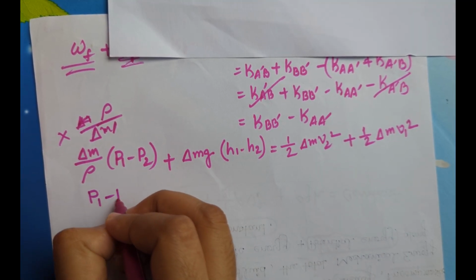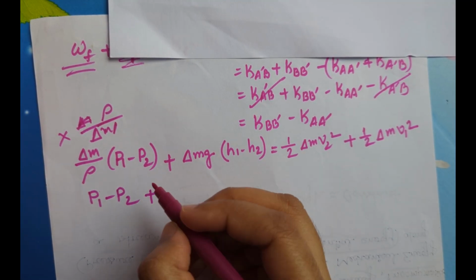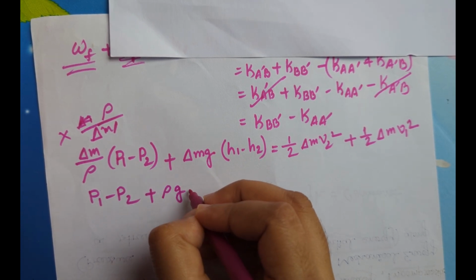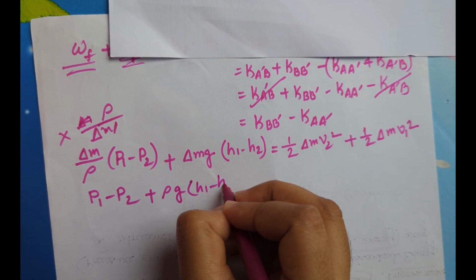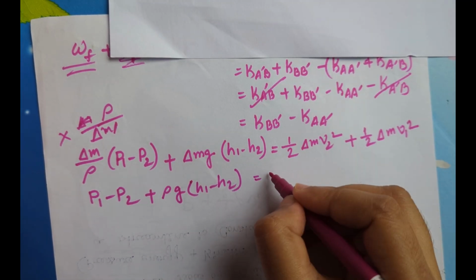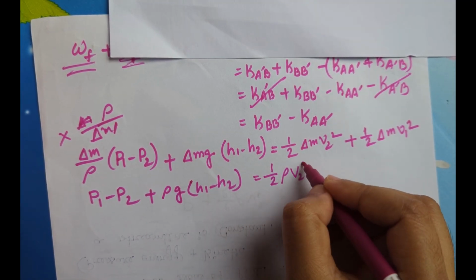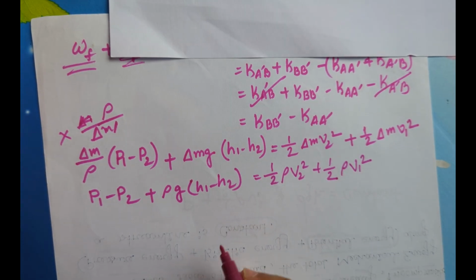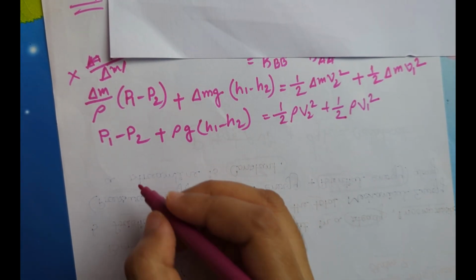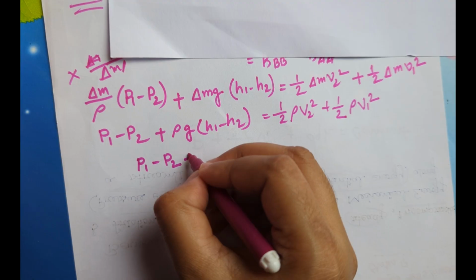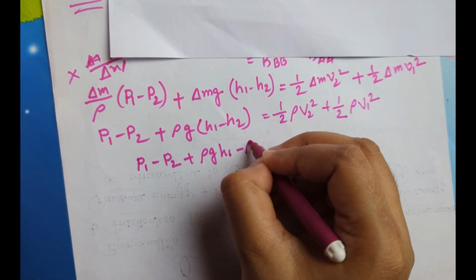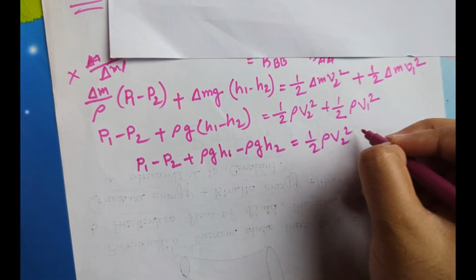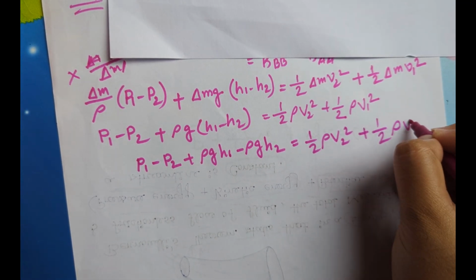Here remains P1 minus P2 plus rho g times (h1 minus h2) equals half rho v2 square minus half rho v1 square.